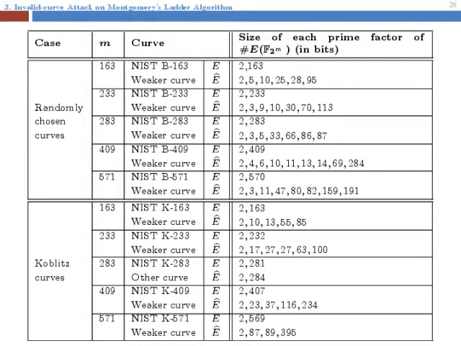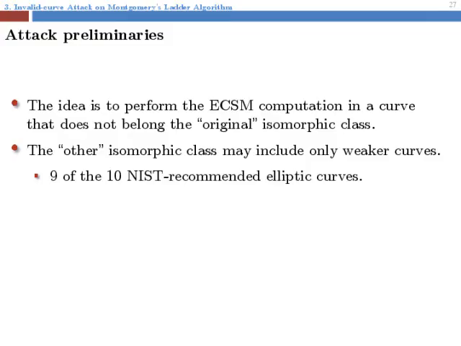We can see here the size of each prime factor of the order of the group for each of the 10 curves. In 9 of the 10 cases, we have the recommended curve and a weaker curve. The only exception is 283, where there's no weaker curve.